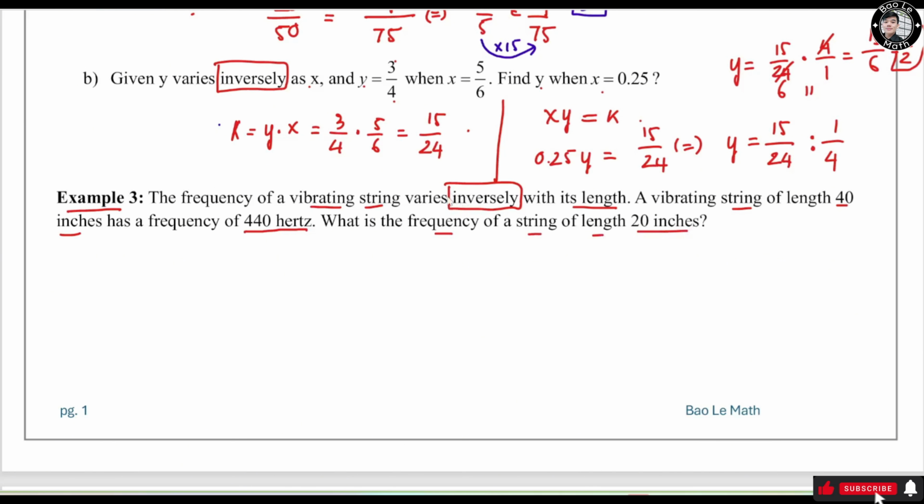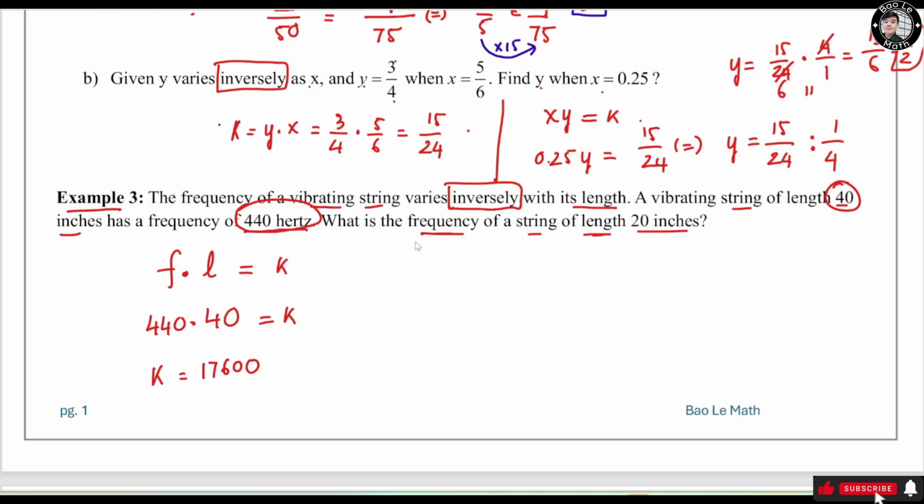The key information is inversely, which tells us that F times L equals k. So 440 times the length 40 equals k, so k equals 17,600.